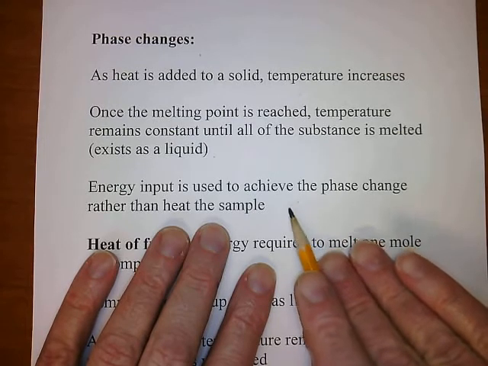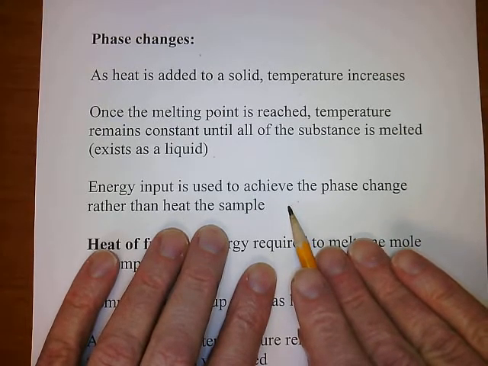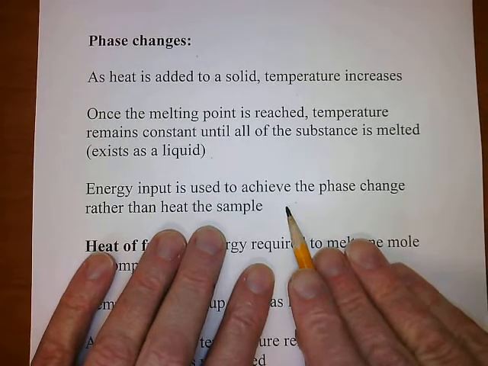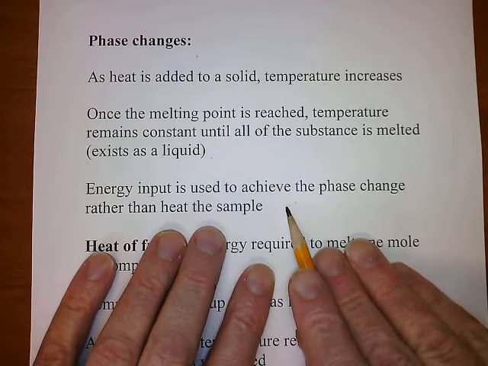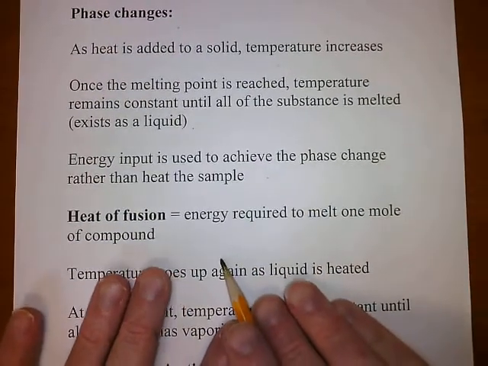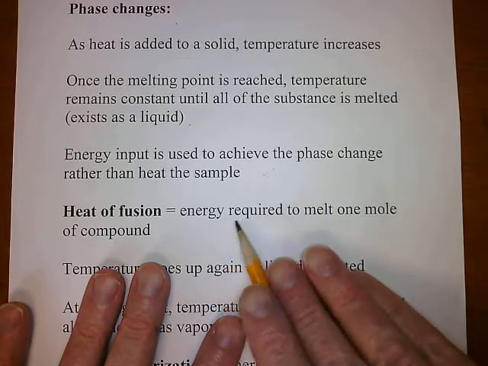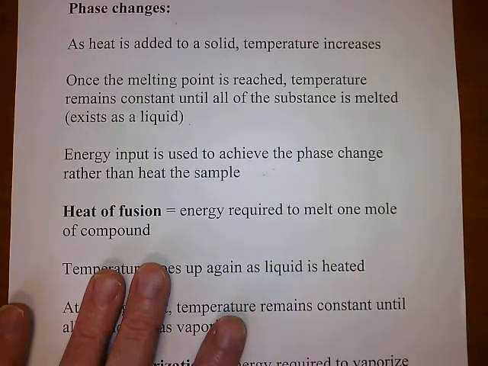It takes energy to overcome the intermolecular forces of attraction in the solid and become a liquid. So the heat of fusion is the energy required to melt 1 mole of your compound.